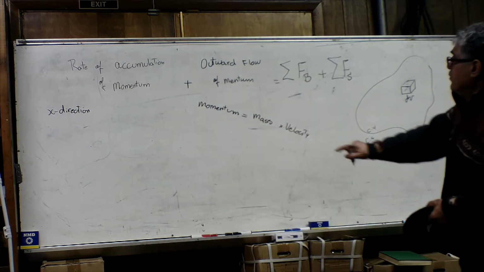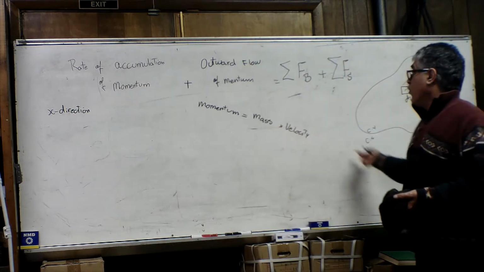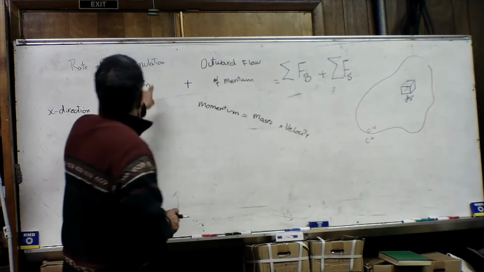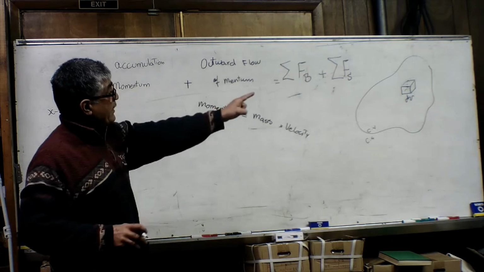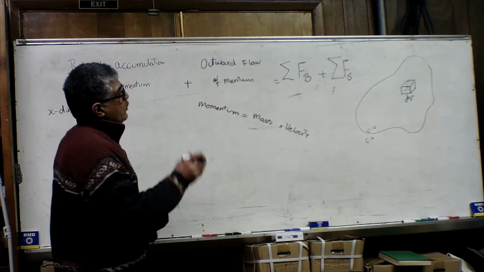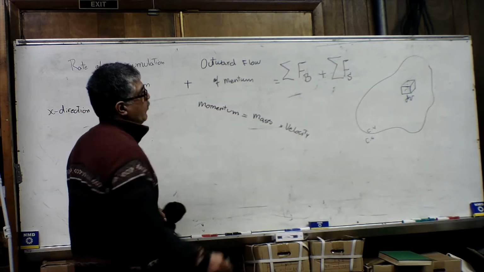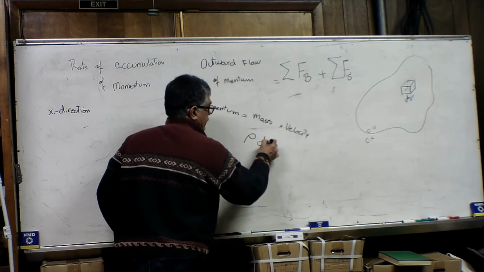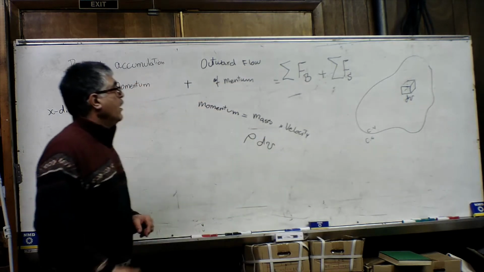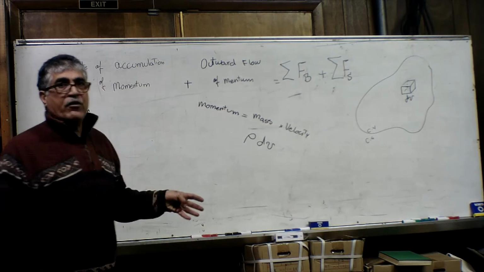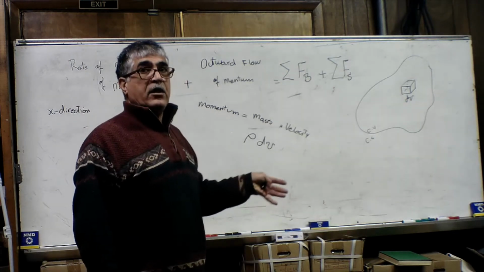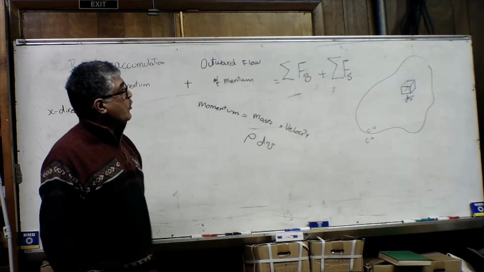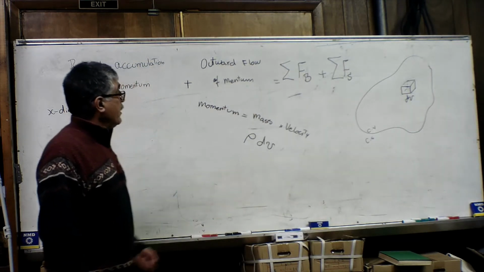So momentum is equal to mass multiplied by velocity. For the accumulation of momentum within that differential volume, the mass can be shown as rho dV, since mass by definition is density multiplied by volume.